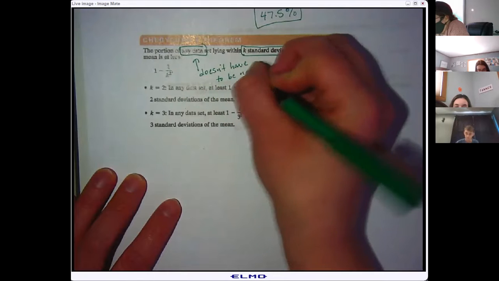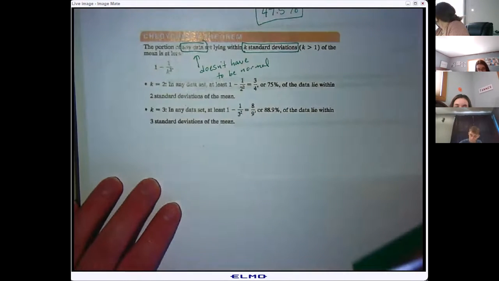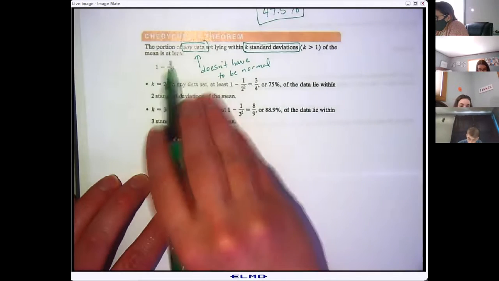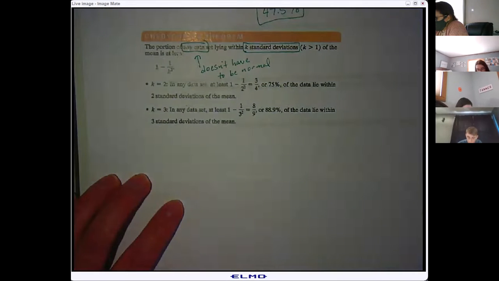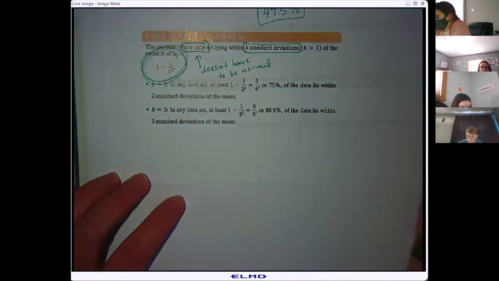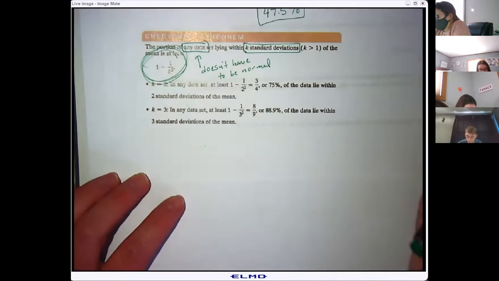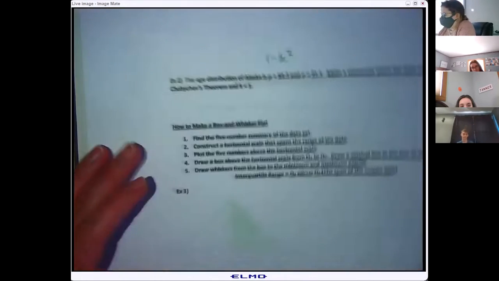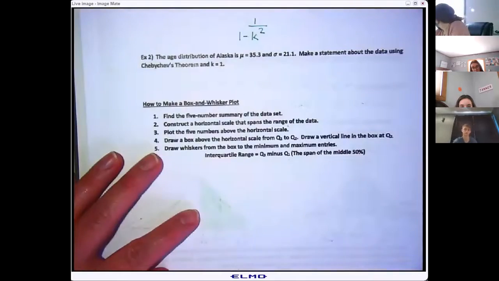And remember, by normal, what I mean is it doesn't have to be a bell curve. So the formula is 1 minus 1 over K squared. And I'm going to copy that down on the next page because we're going to use it for the next problem. The formula is 1 minus 1 over K squared.